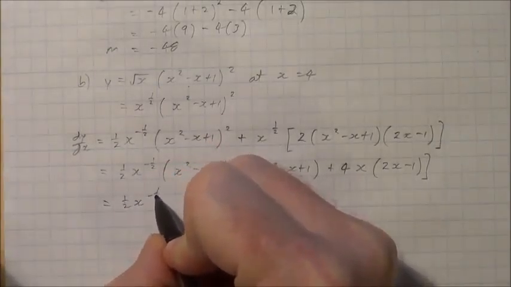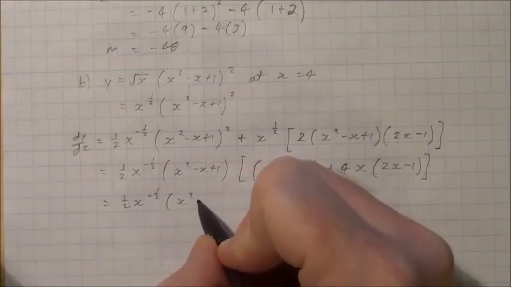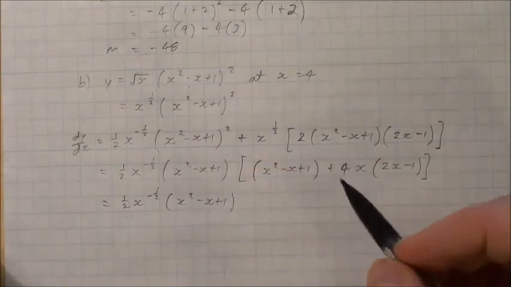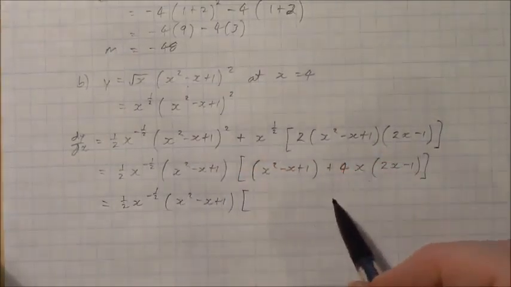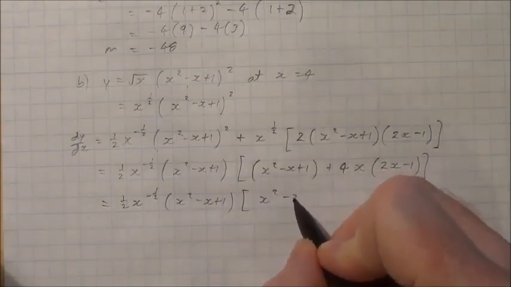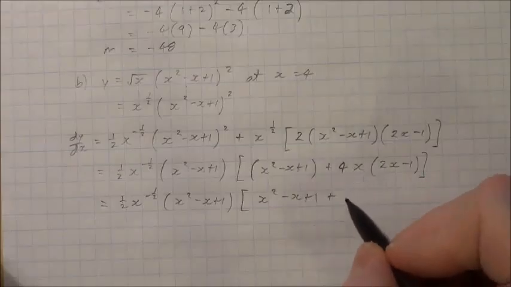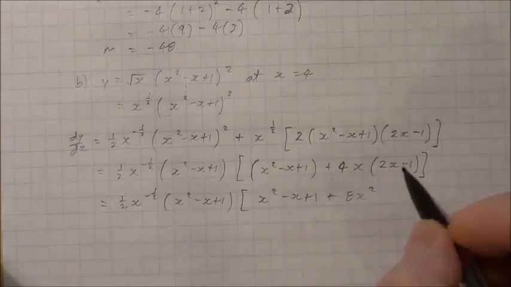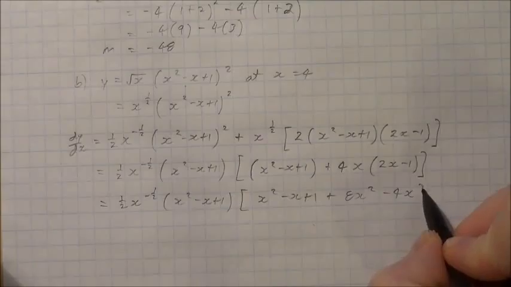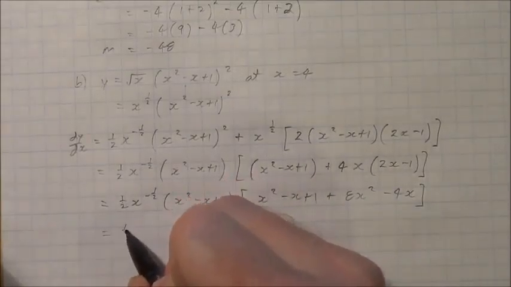I keep changing my mind because I think, well, why simplify more? But it actually may be a little bit more beneficial when I do the substitution. So I'll get 4x times 2x gives me 8x squared, and then negative 4x.